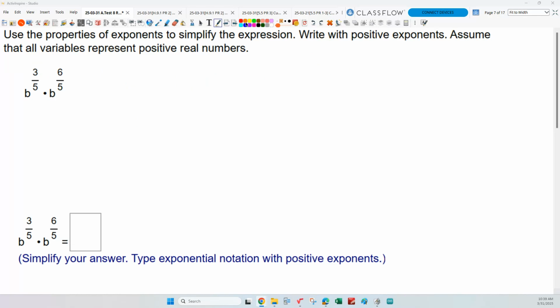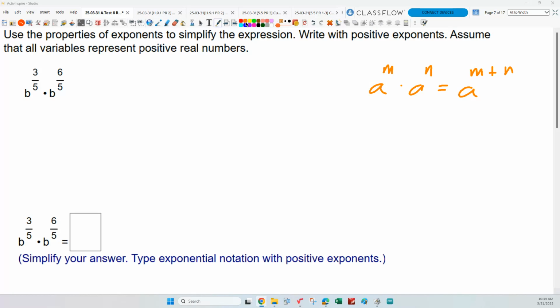Our property of exponents was a to the m times a to the n equals what? In other words, if we multiply powers with like bases, what do we do to the exponents? We add them, absolutely. We get a to the sum of the two exponents. Do I have like bases here?